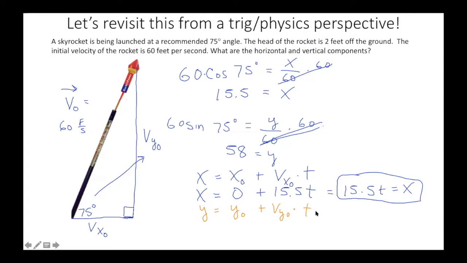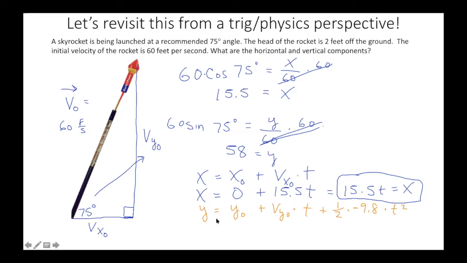The only thing that's bringing it down is gravity. So we have to add in the gravity part of the equation, which is 1/2 times negative 9.8. You might understand that if you've taken physics, 9.8 meters per second squared, the acceleration due to gravity, negative because it's pulling it down, times t squared.